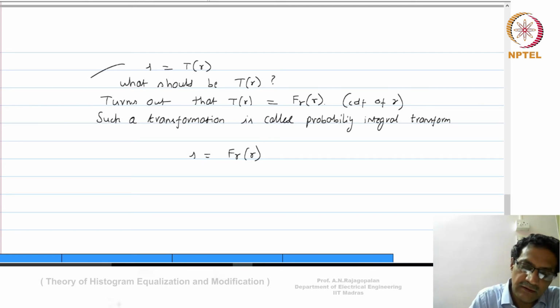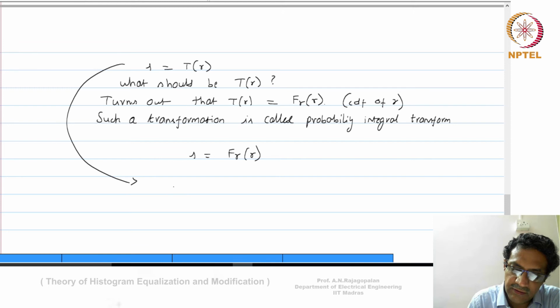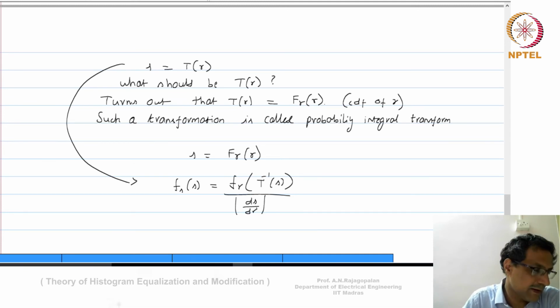Then in general, if you had s equal to t of r, we would have said fs of s is equal to fr of t inverse of s, since we are looking at a scalar random variable, divided by the modulus of ds by dr evaluated at r equal to t inverse of s.